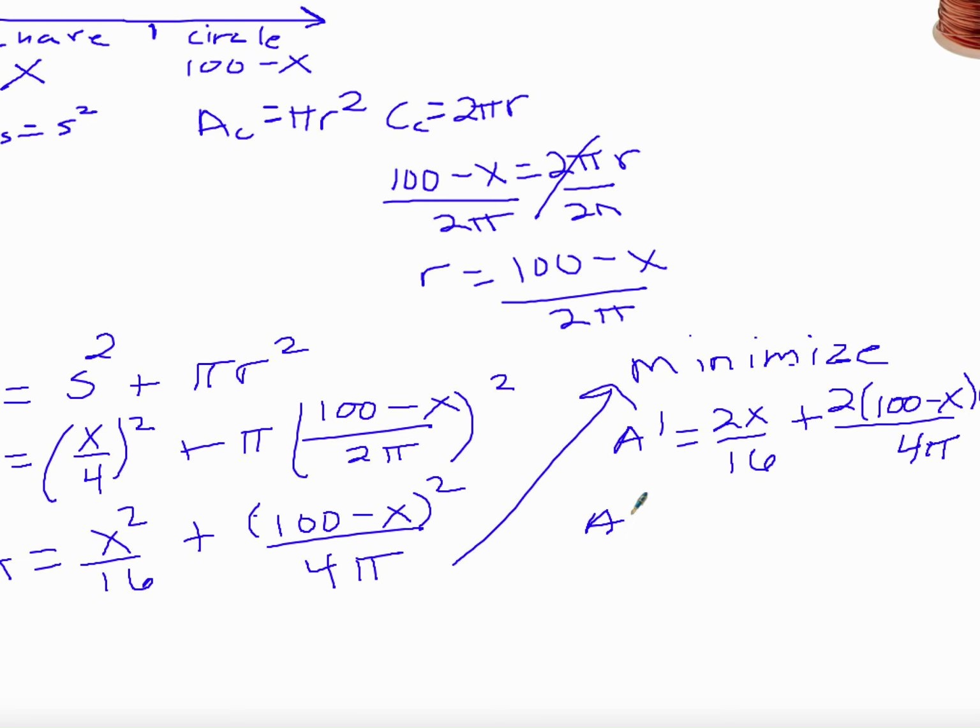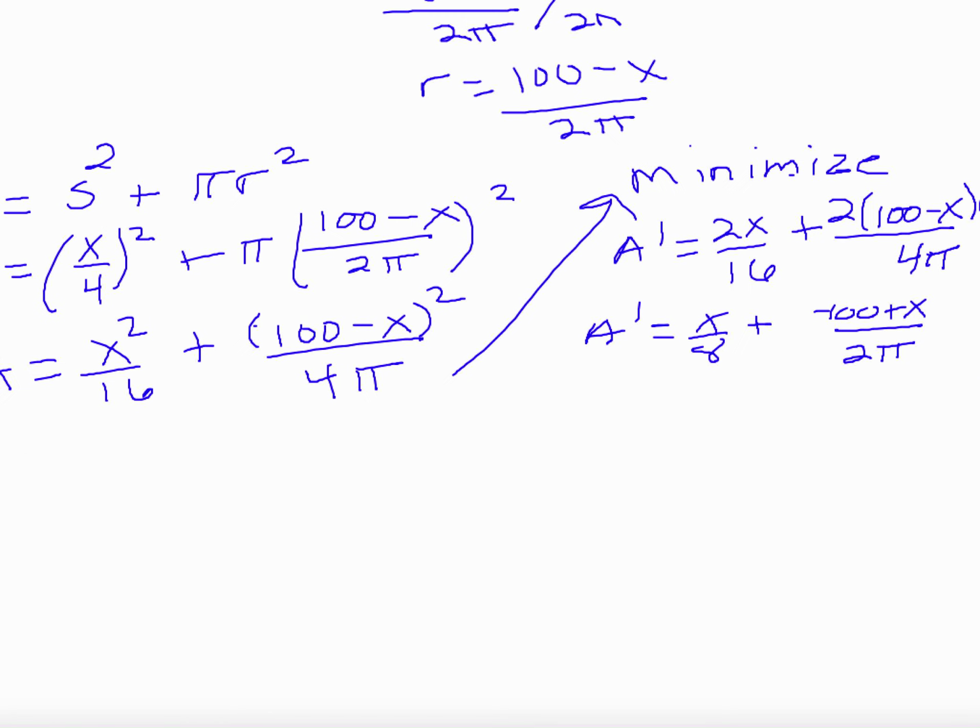Simplify that, tidy it up a bit, and 2/16 reduces to 1/8, so I get x over 8. And over here I can just distribute this, and I've got (-100 plus x) over 2 pi. All right, we're going to set this equal to 0, and honestly, I would graph it to find what values you get for 0.